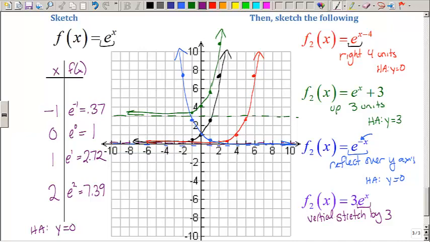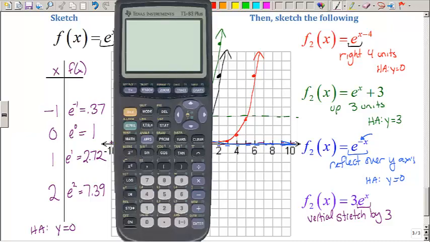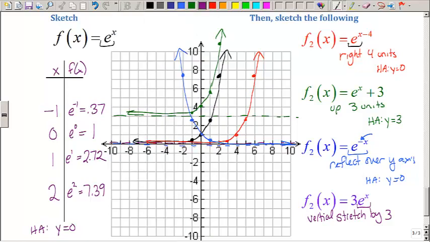So at negative 1 comma 0.37, I need to be 3 times as tall as 0.37. Well, if you take out your calculator, 0.37 times 3 gets me 1.11. So this point at negative 1 comma 0.37 is going to stretch to 1.1.